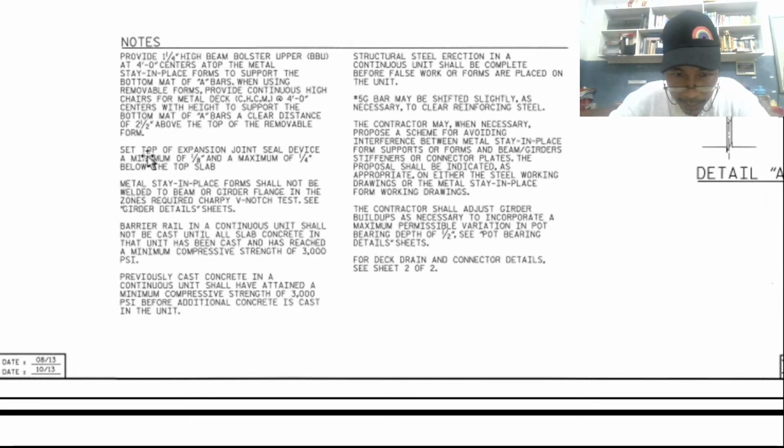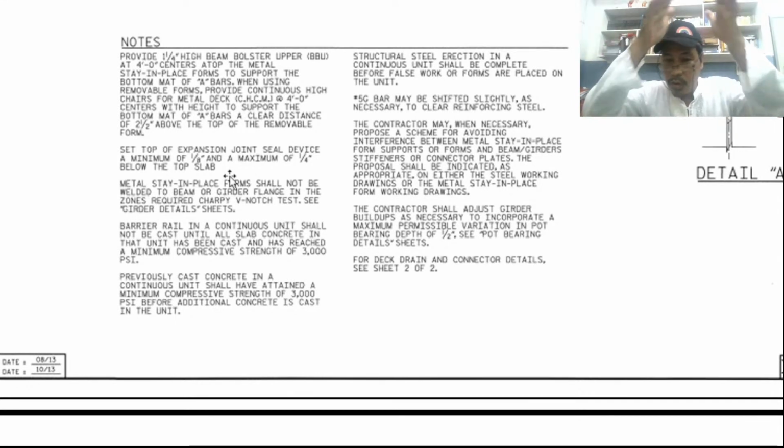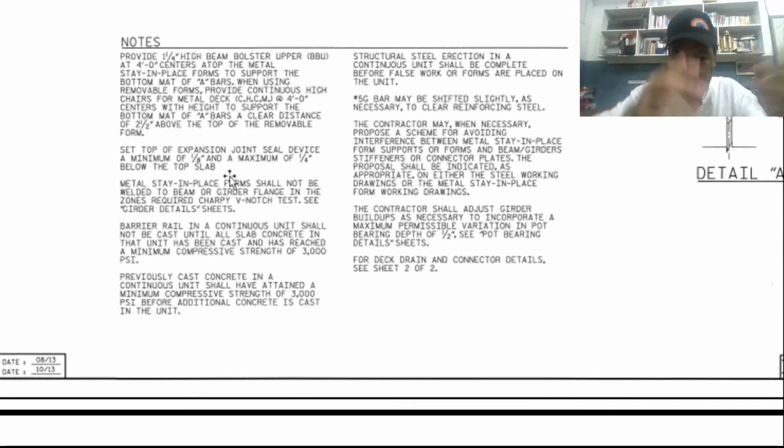Next note: set top of the expansion joint seal device. So there is a sealing of the expansion joint, a minimum of 1/8 inch and a maximum of 1/4 inch below the top of slab. The expansion joint is located near the edge of the bridge where the concrete barrier is located.